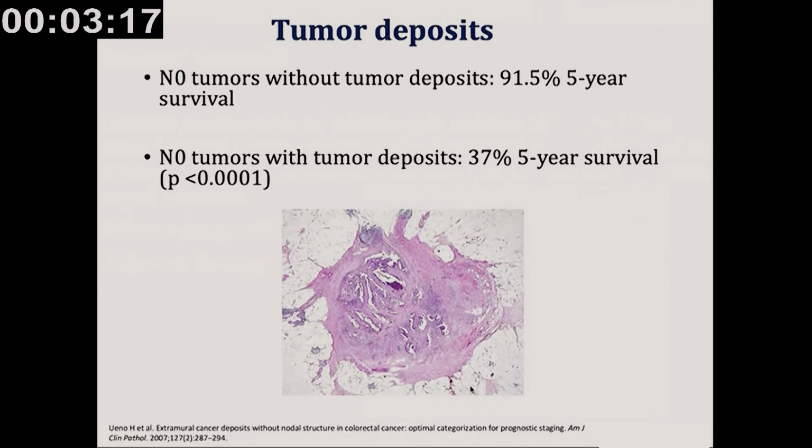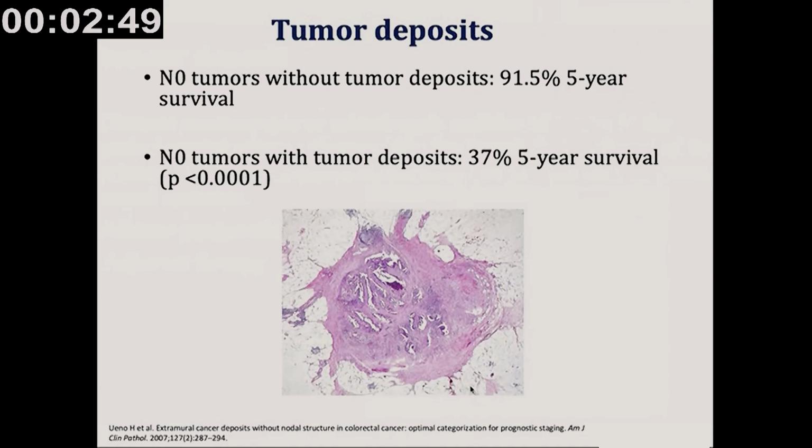This morning I got a review case. There, 9 lymph nodes were positive, but actually 1 was a lymph node and the remaining 8 were tumor deposits. If 9 lymph nodes are positive, then it is N2, but with 1 lymph node and 8 tumor deposits, it is N1c.